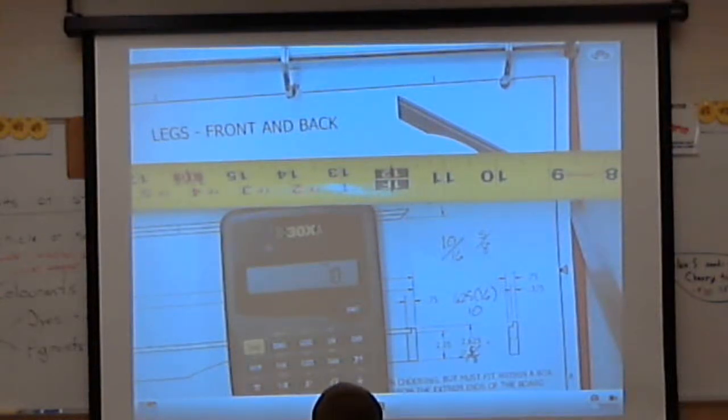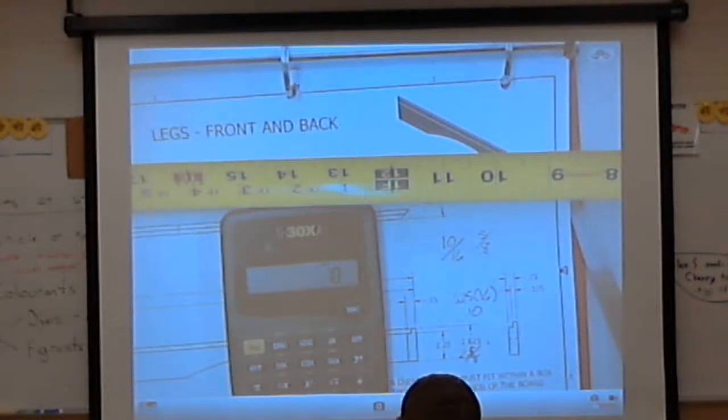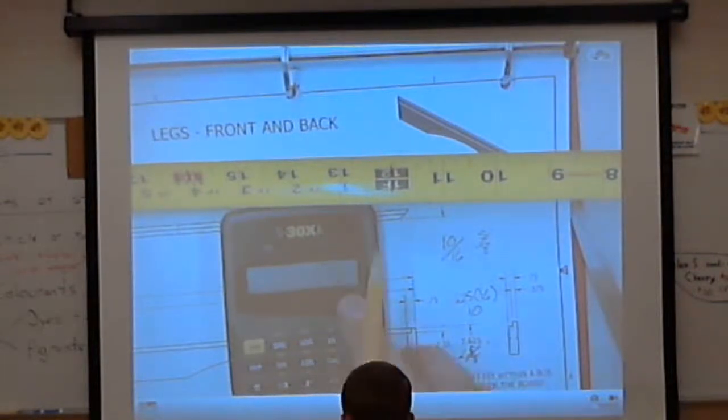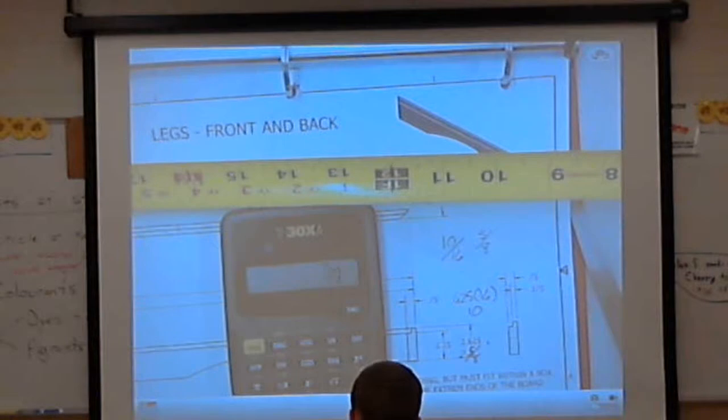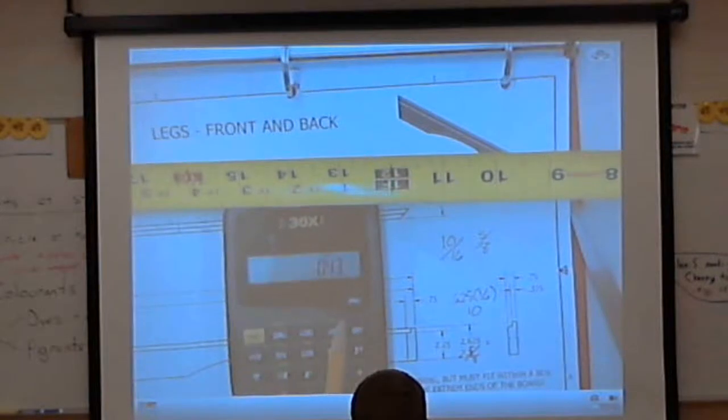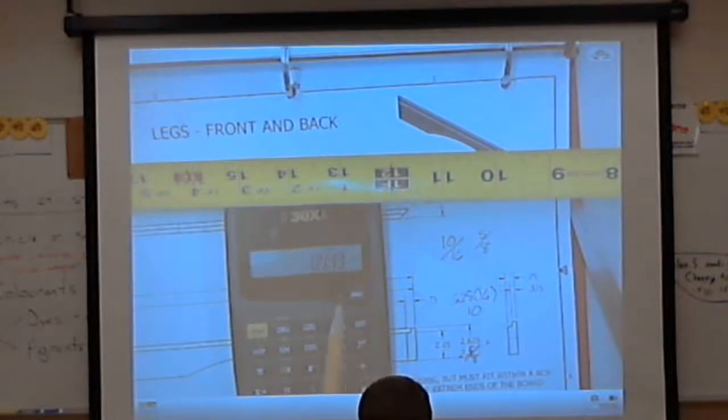Okay? So basically the answer for today is if you have a decimal and you're converting back to fractions, you just multiply by 16. The 16 will give you how many 16ths of an inch that is. The decimal today was, I believe, 0.4375.